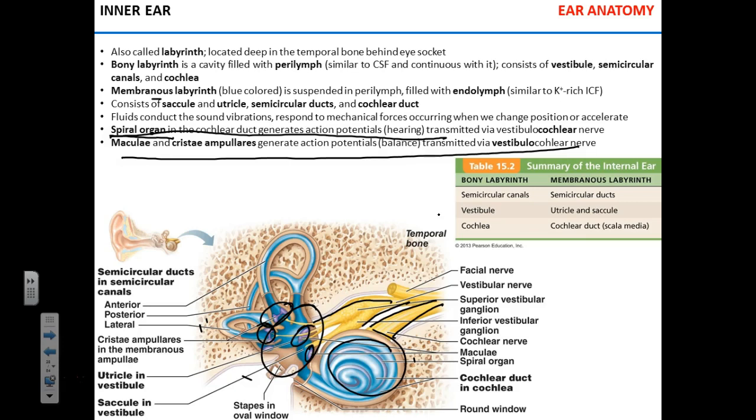Okay? And in both cases, if you think about that, balance involves movement. Sound involves movement. So all those structures sense movement. They detect movement. Okay? Good?